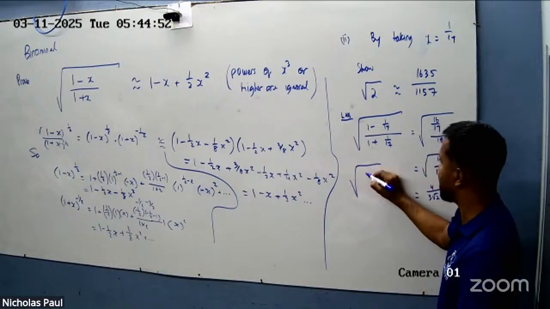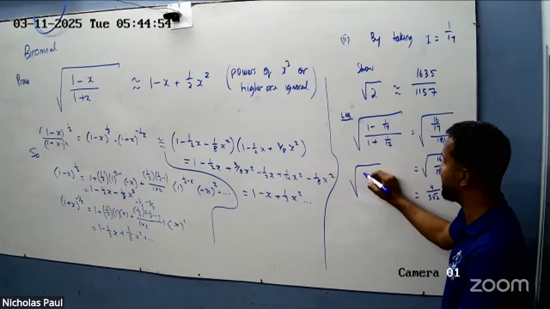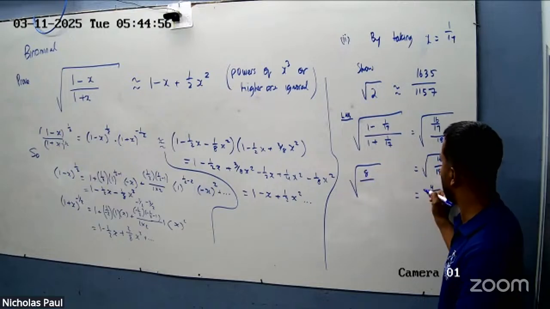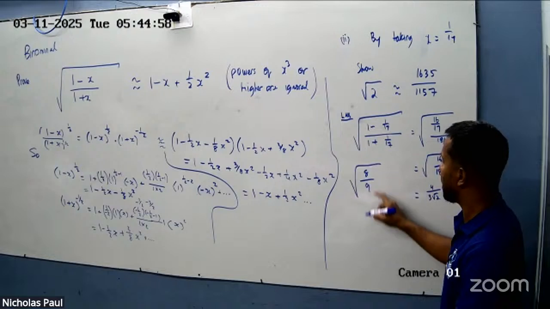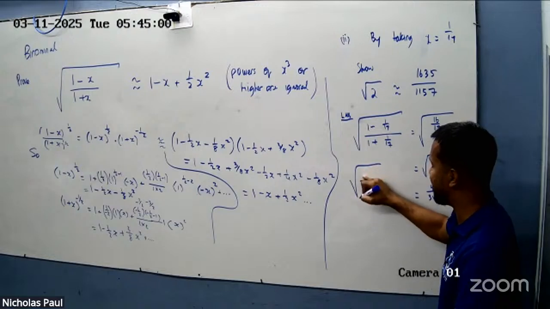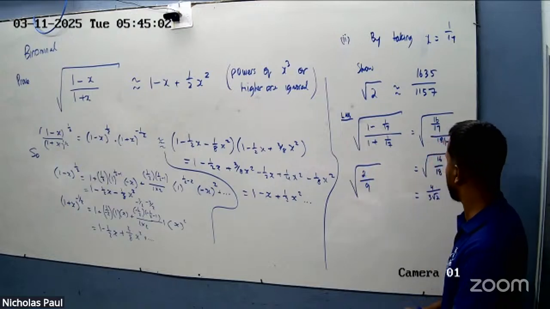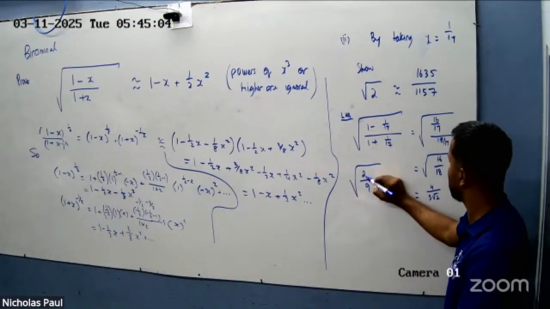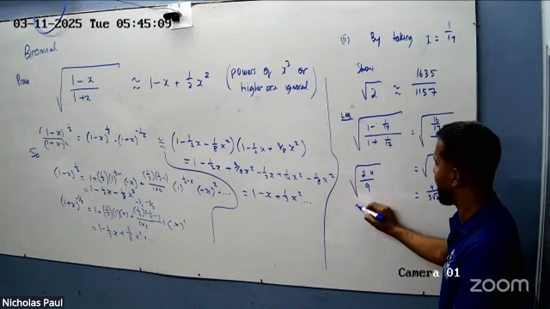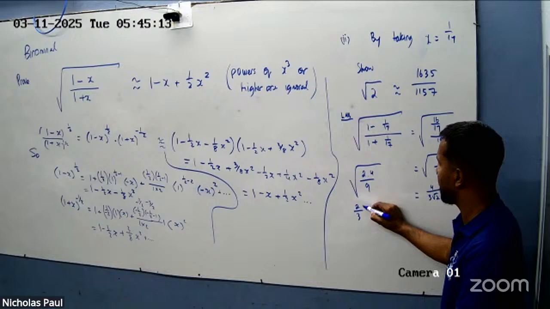If I divide both of them by 2, that'll be 8 over 9. Right? If I simplify 8, 8 will be 2 by 4, so I get 2 over 3 root 2.